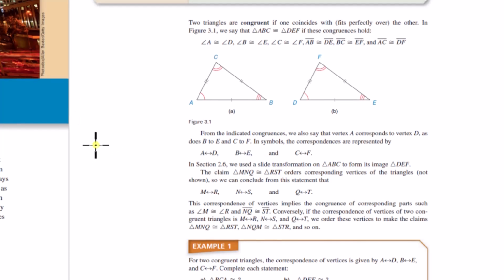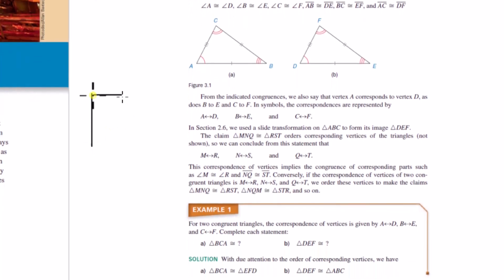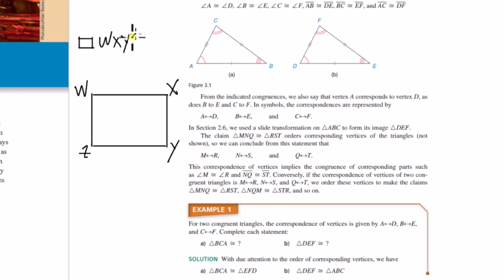And just a reminder, what we learned in chapter 1 about naming figures was that if we had the rectangle WXYZ, we could name this rectangle WXYZ, and what's really important here is that you walk consecutively around the figure.